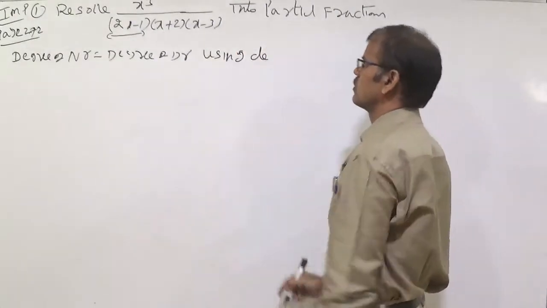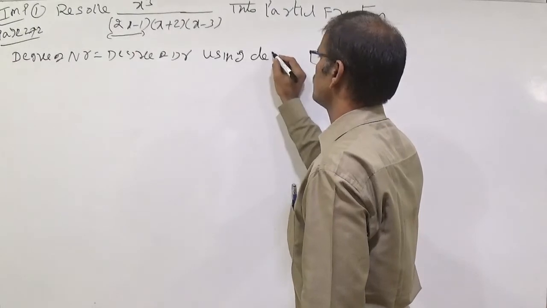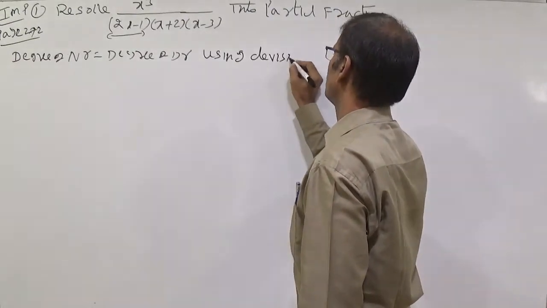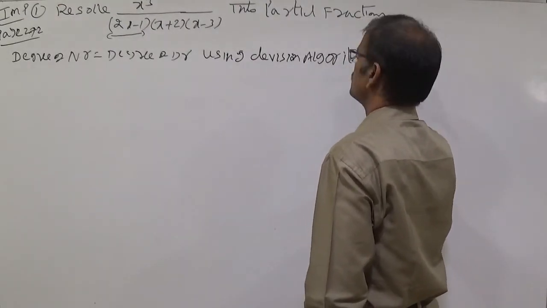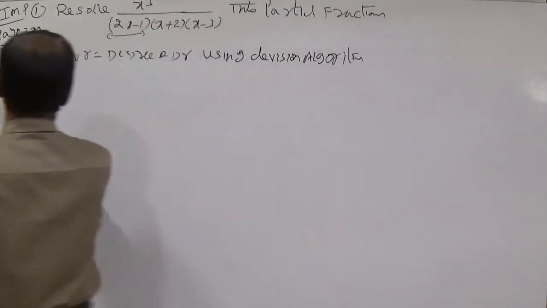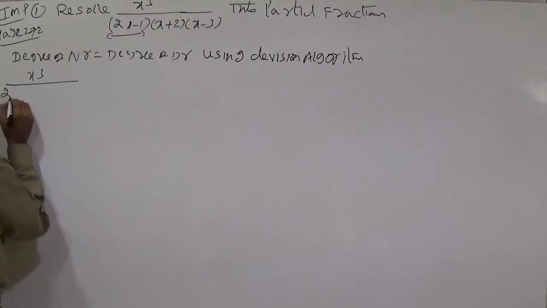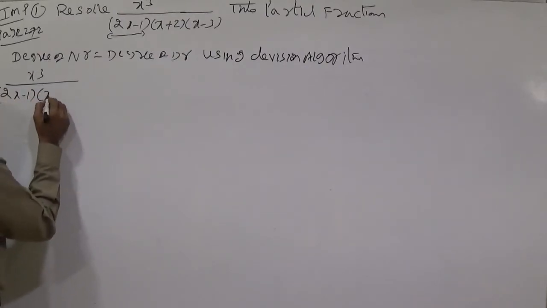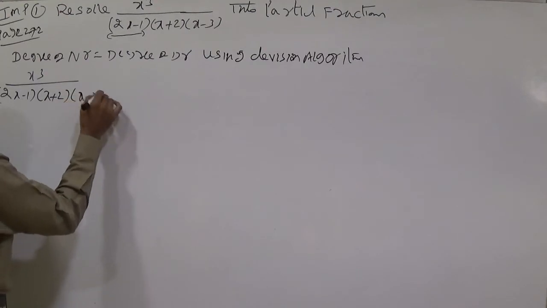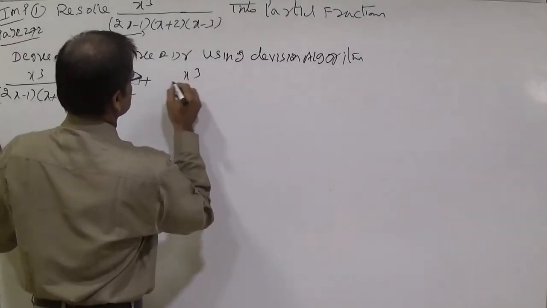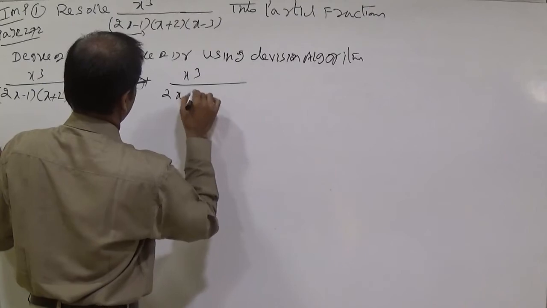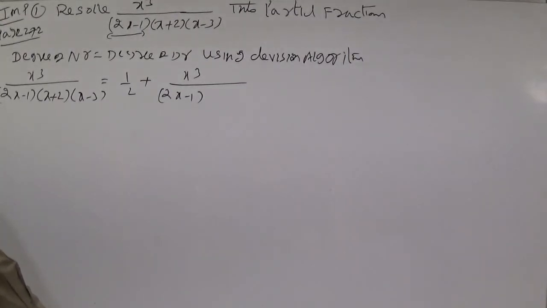In the same way we can write, using the division algorithm, x cube by 2x minus 1 into x plus 2 into x minus 3 is equal to 1 by 2 plus the remainder R of x, A by B by C like this.